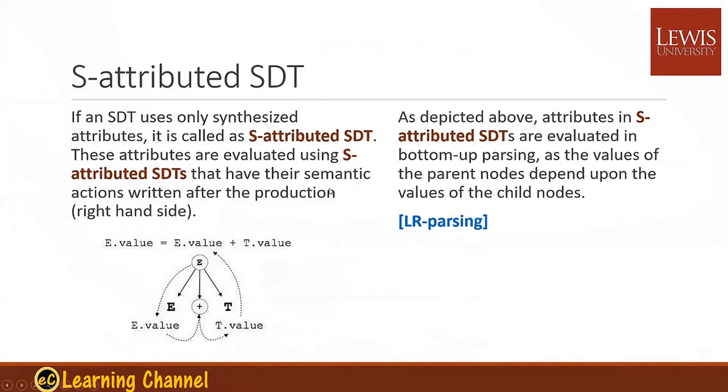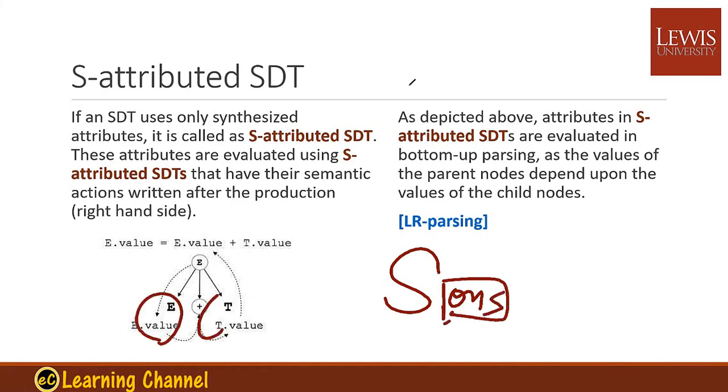Here this one is more important. The S attribute, you can think about it more like a sans attribute. So what is it? It's the synthesized attribute, but I call it sans. You collect money from your sons.